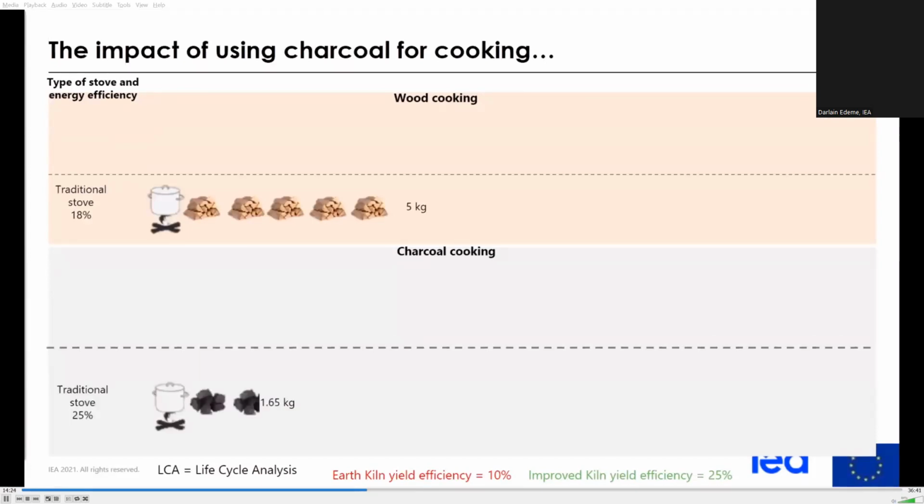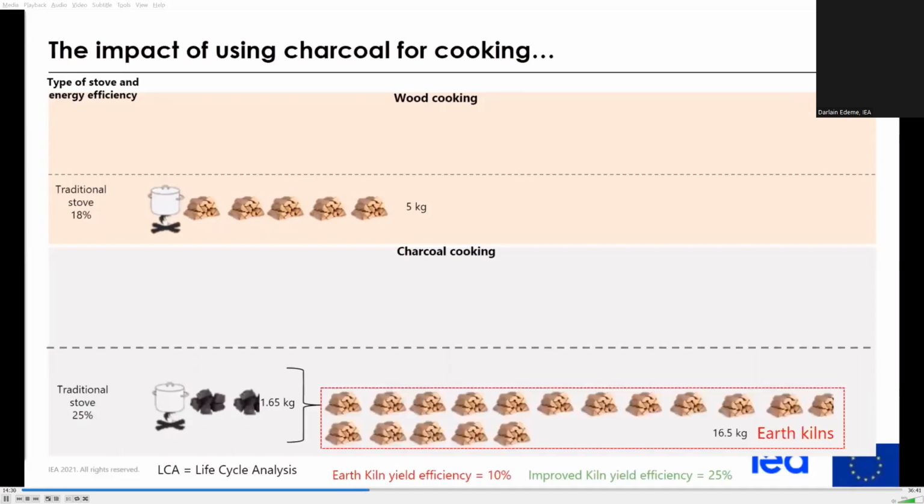But if you use charcoal, you need only around 1.65 kilogram of charcoal. Then to produce this charcoal, you will actually be consuming 16 kilogram of wood if using an earth kiln. So in the end, when you do a complete analysis, you are actually consuming more wood.